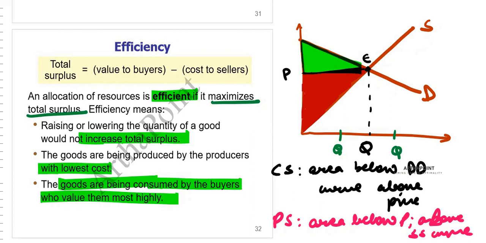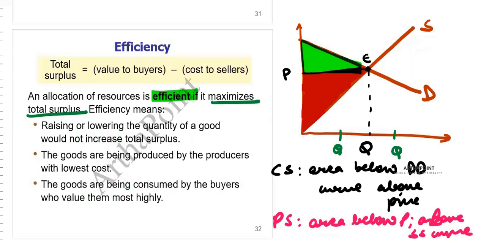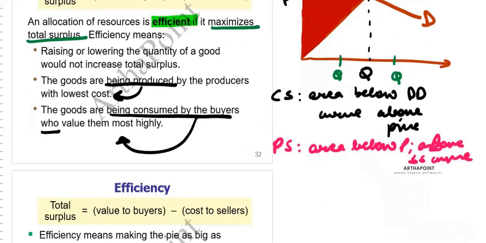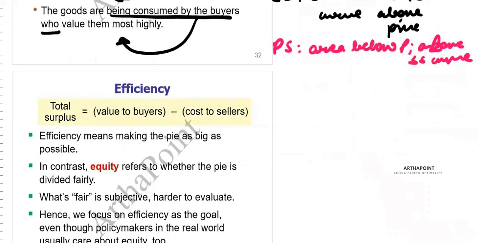So my analysis now is going to revolve around three things. Which goods are being produced? Are the goods being produced with the minimum cost? Are the goods being consumed by the buyers who value them the most? That is what efficiency is going to make.